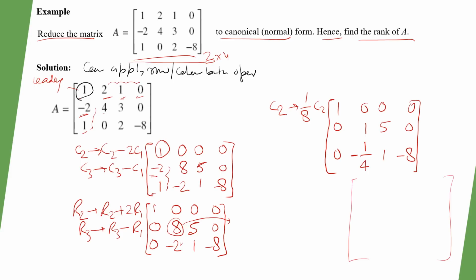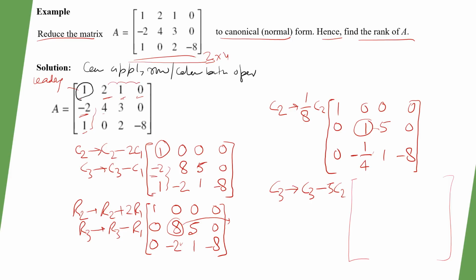Now this element is a leading element, so the entry below makes 0 and the right-hand side element should be 0. For that, first we apply the operation on column. So apply the operation on C3 minus 5 times C2.